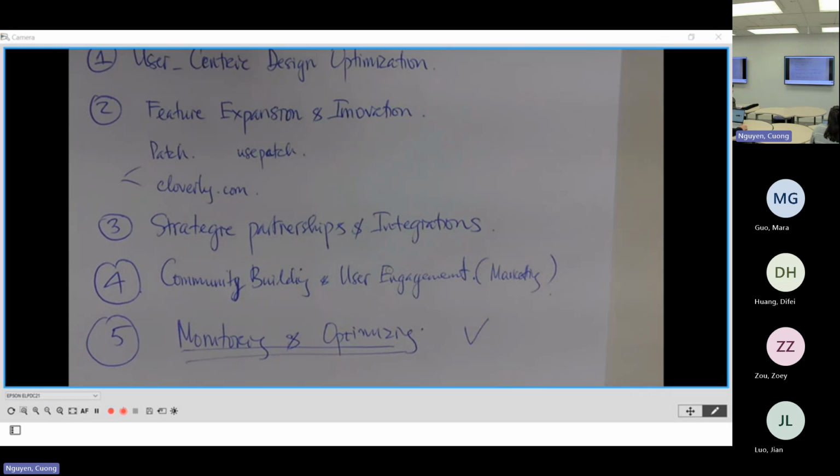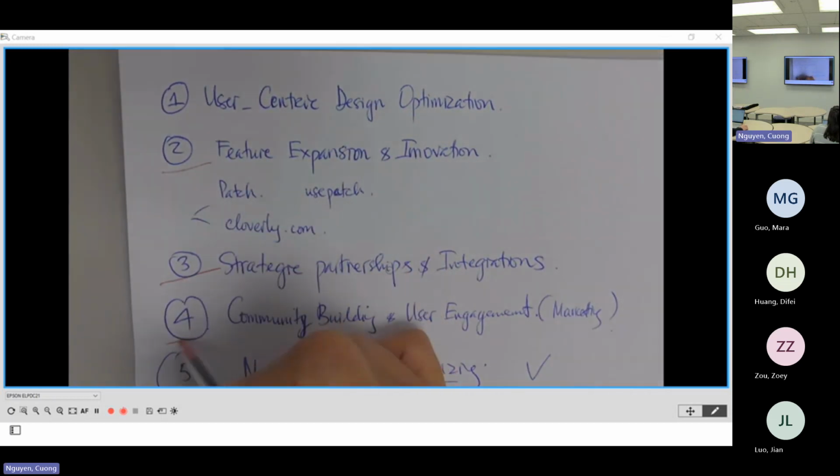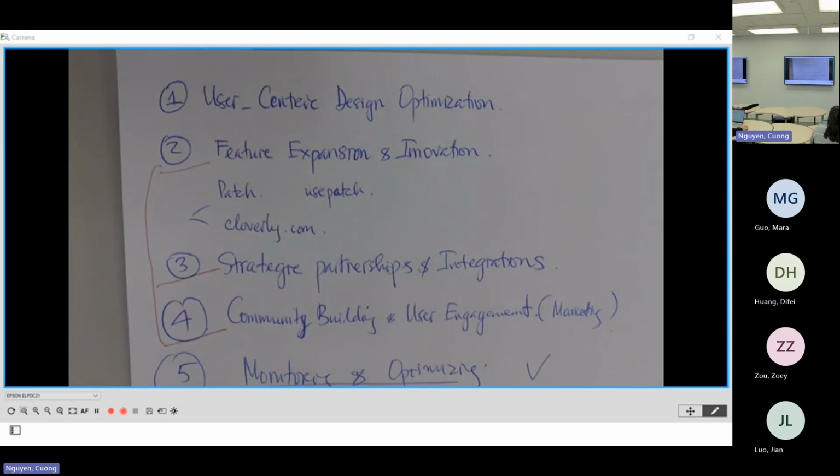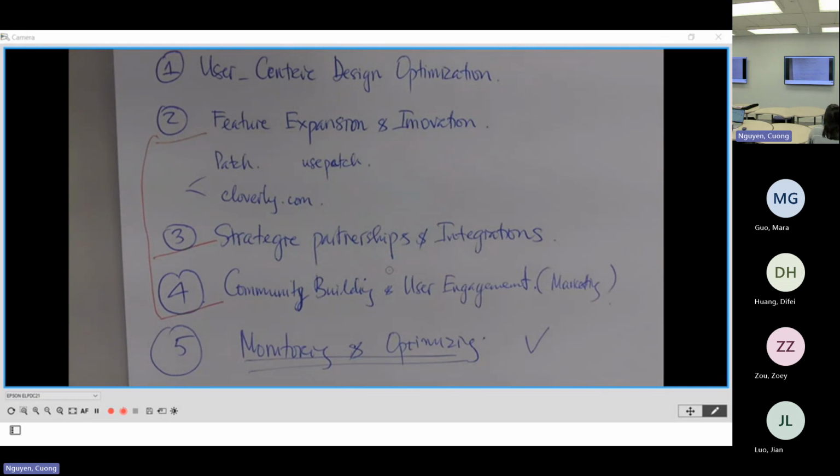So at the current time, 2, 3, and 4 are quite important for amplifying a current fintech product. You want to think about more new features, think about partnerships, and also think about building community for your own product.